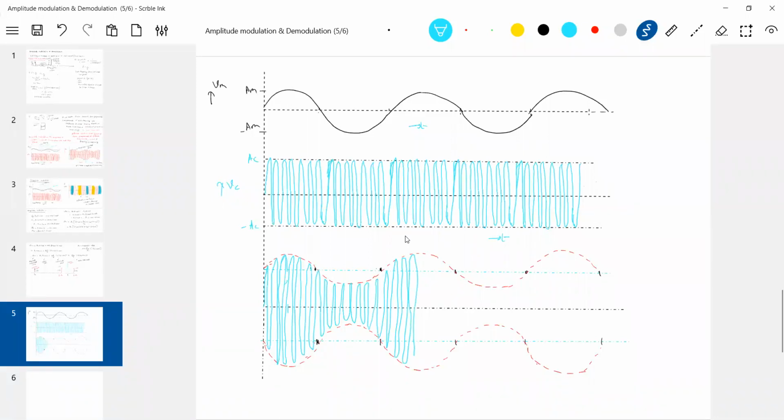Will you mathematically accept that the curve should be like this only? I'm testing your trigonometry. The frequency will not change. What changes is only the amplitude.